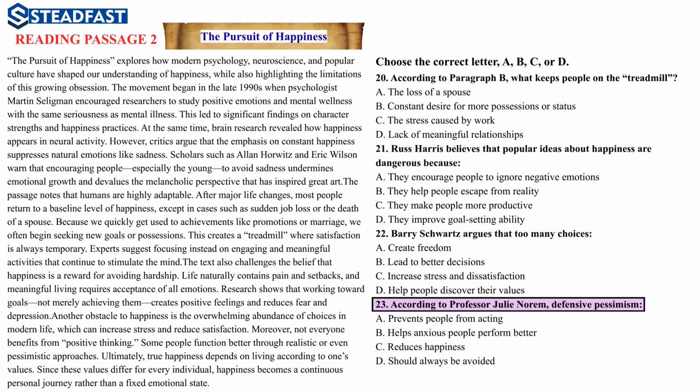According to Professor Julie Norem, defensive pessimism... The passage explains that some people work better with a realistic or even pessimistic style. It says defensive pessimism can help anxious people perform better by preparing carefully for possible problems. So the correct option here is helps anxious people perform better.